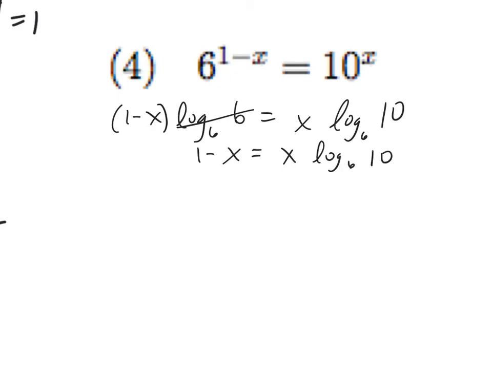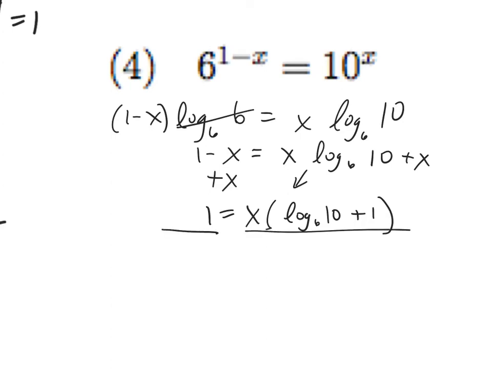If I get all my x's on one side, I could factor out an x. So in factored form, it would look like x times log base 6 of 10 plus 1. And that would allow me to get x by itself.